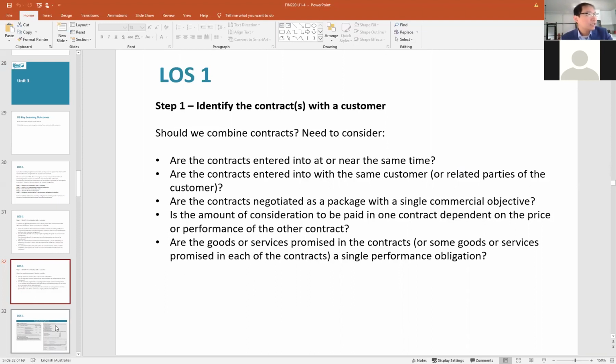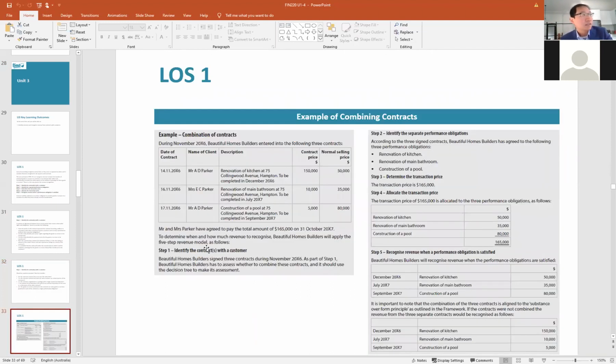And so if we look at an example here, we've got a couple, Mr. and Mrs. Parker. They go to a company and they want to get their building renovated. Now, the key criteria in this particular example is that Mr. and Mrs. Parker are pretty much of the same unit.